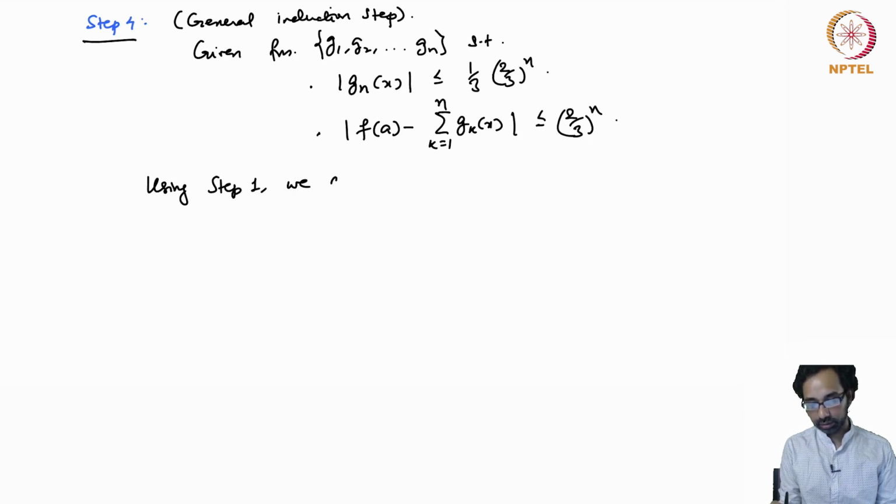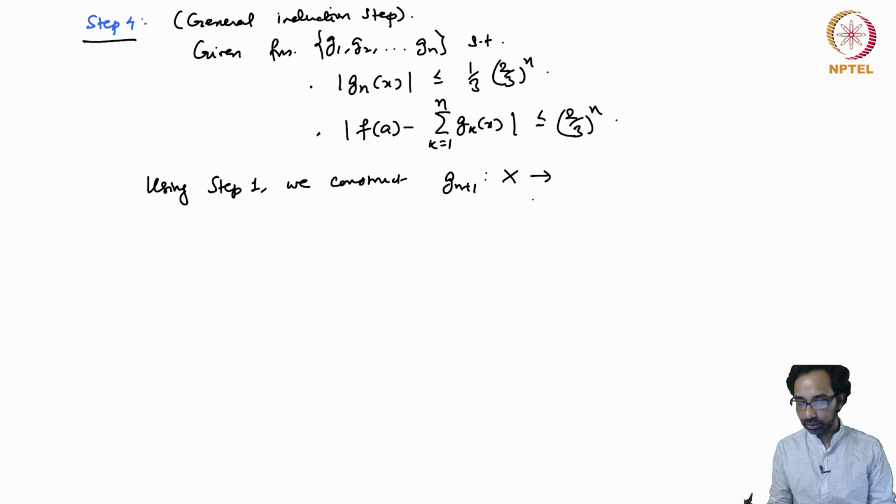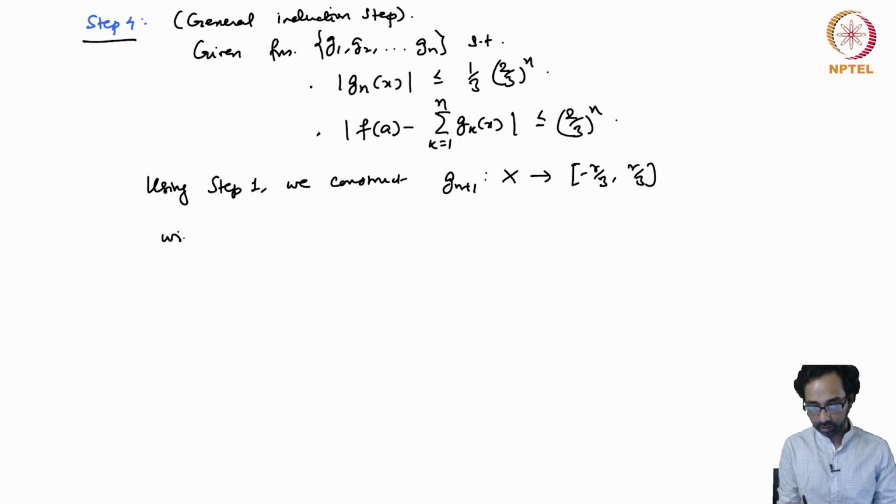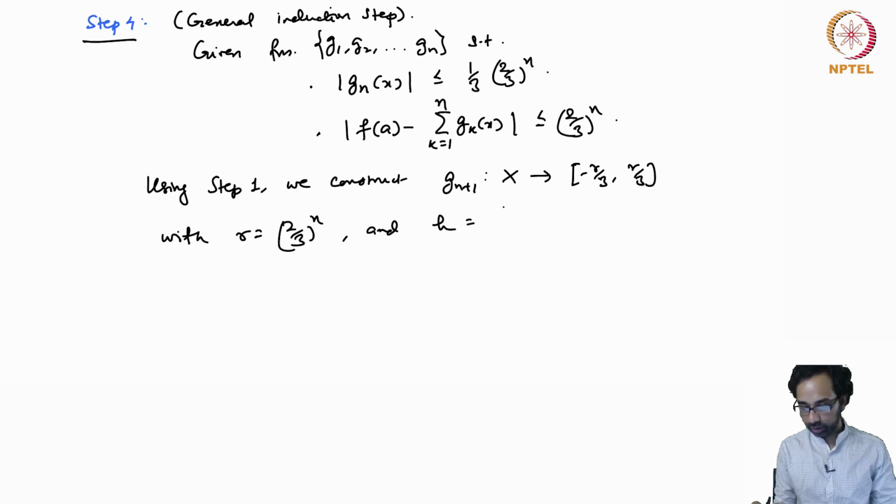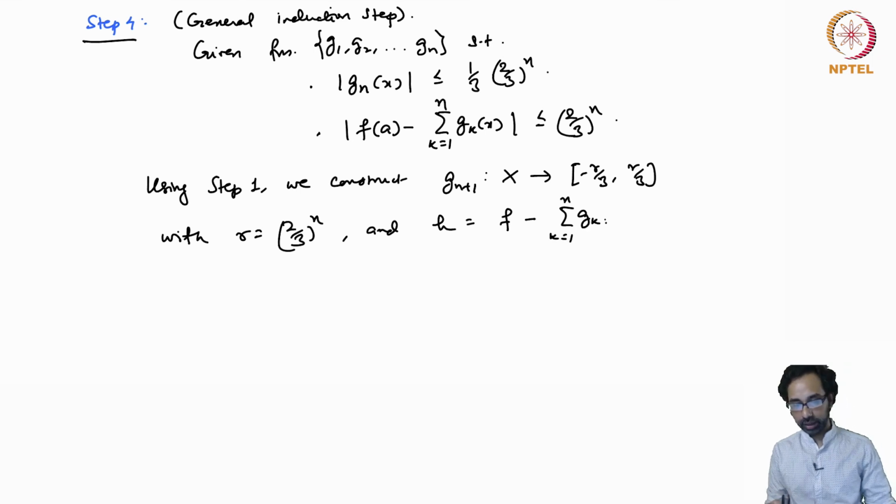we construct g n plus 1, which is again a continuous function from X to minus r by 3 to r by 3, with r equal to 2 by 3 to the power n, and h equal to f minus this sum k equal to 1 to n gk.